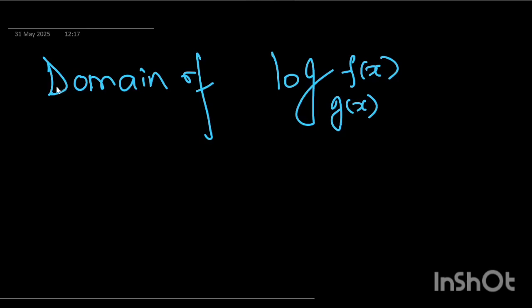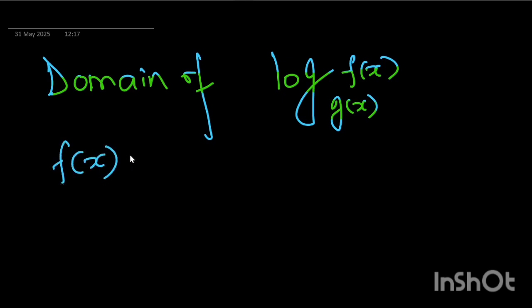So now let's see what is the domain of log f(x) base g(x). In the previous discussion we have seen that if in place of g(x) it was only some constant a, we imposed f(x) greater than 0. So here also, should we impose greater than 0? The answer is yes, f(x) should be greater than 0.